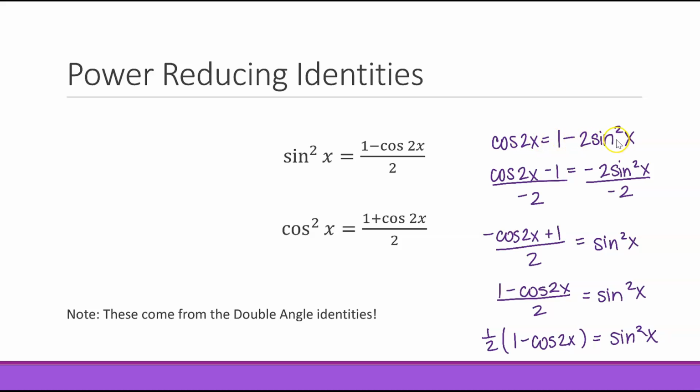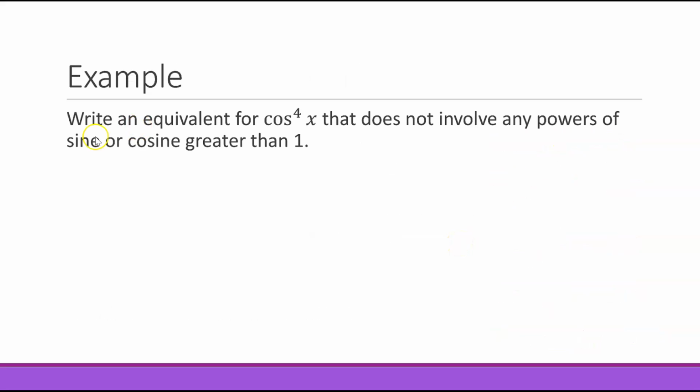In this example, we are told to write an equivalent for cosine to the 4th of x that does not involve any powers of sine or cosine greater than 1. So essentially, we want to reduce the power. I don't want to work with cosine to the 4th of x, right?